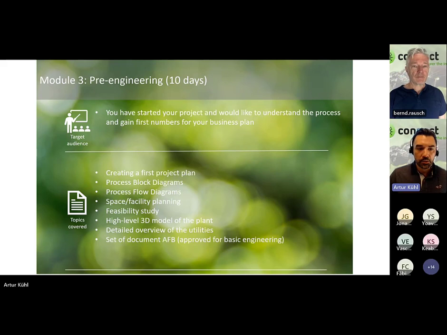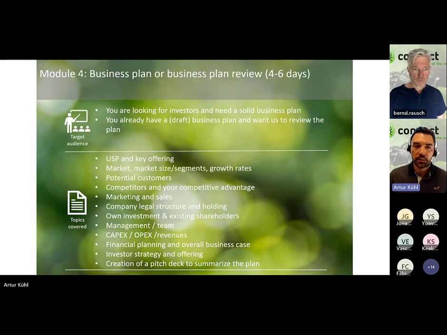Then on the other end, there could be a kind of pre-engineering. Pre-engineering means shaping the business case, making some first initial sketches of how it can look, and also getting some first commercial numbers to check whether it makes sense in this specific case.